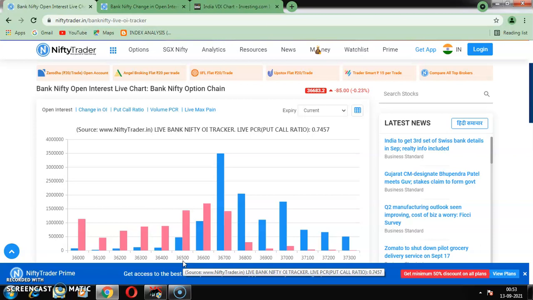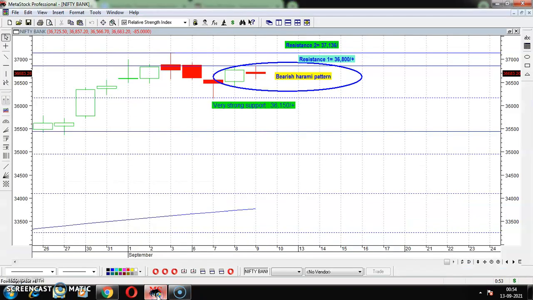So what does the option data say? There are more call writers than put writers, which indicates a bearish indication. Now once again I am going back to the chart. As far as the option data is concerned, there might be a possibility of a correction downside on a short term basis, not in the long term.